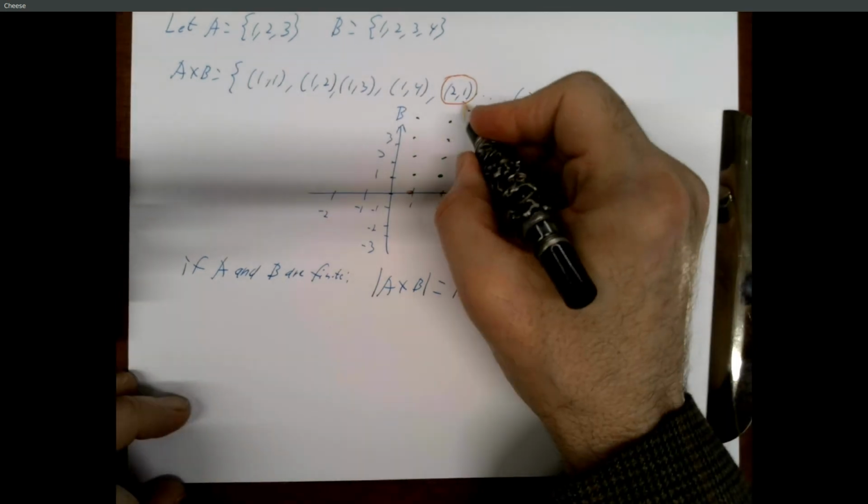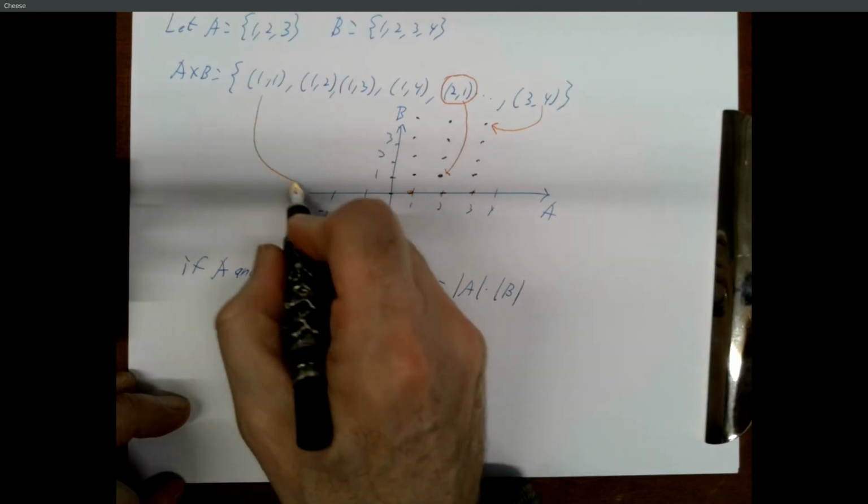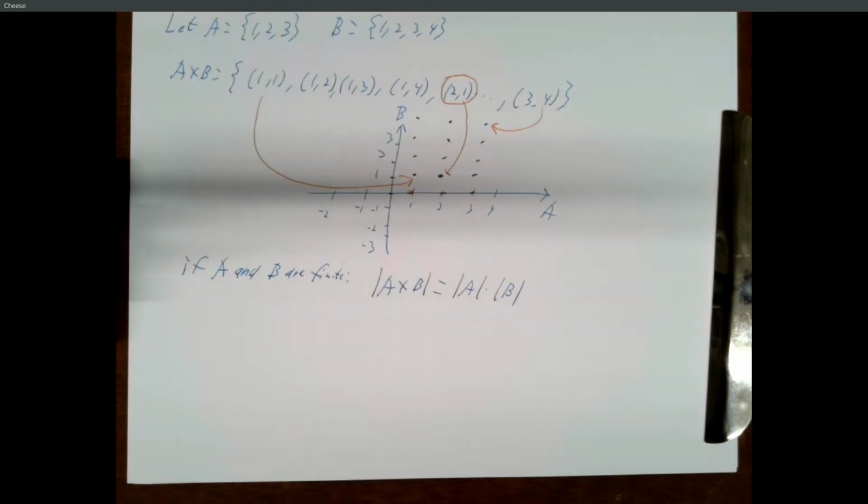Where, for example, this is 2, 1, and this is 3, 4, and this is 1, 1, and so on.